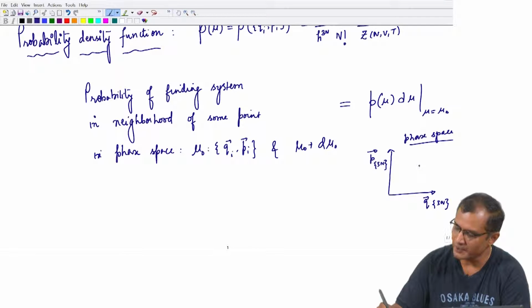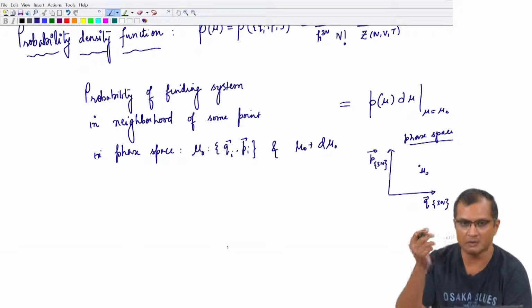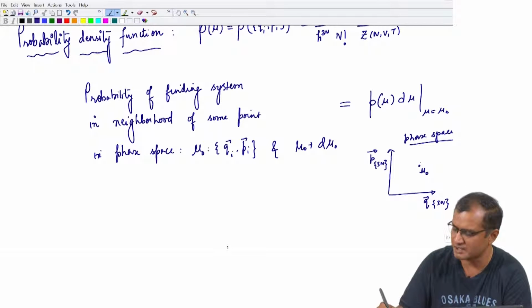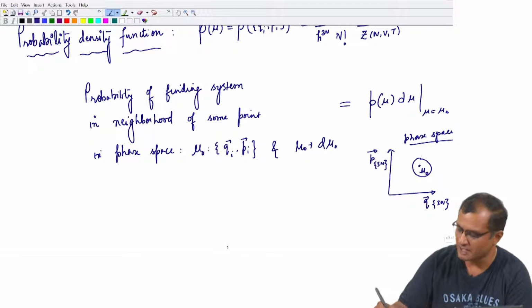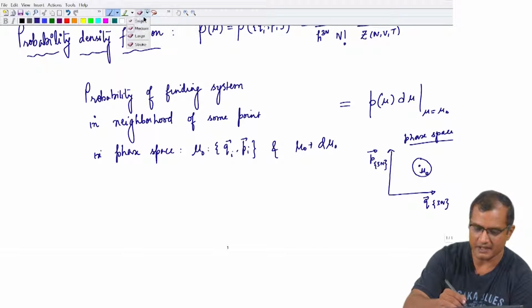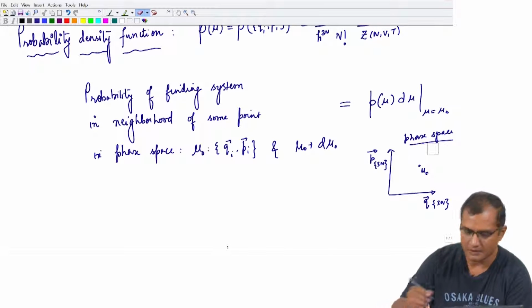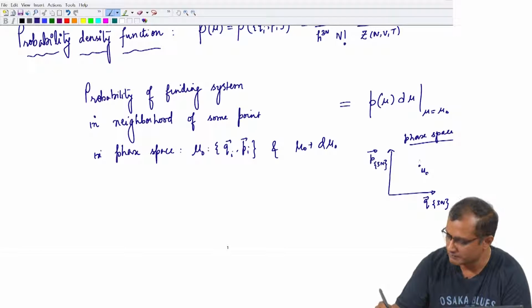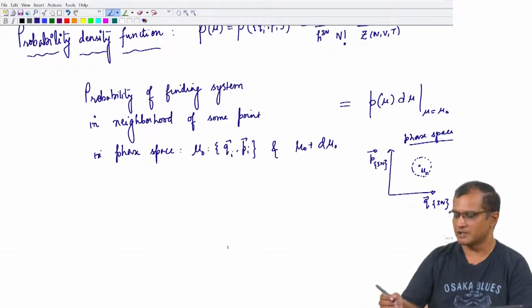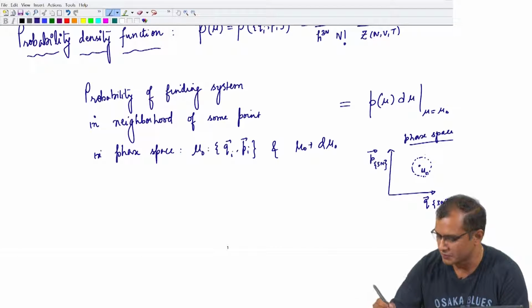If I isolate a point as mu naught, some microstate, and if I want to ask what is the probability of finding a system in a small shell of volume around this mu naught, so in some sense this would be like in the neighborhood of this mu naught, some distance d mu naught.